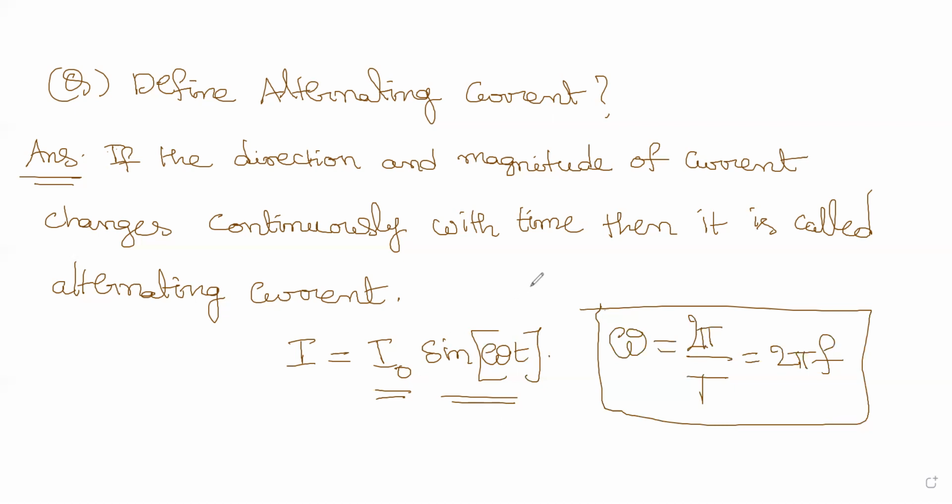So can I clear this? Okay, I can clear, I hope. So we write the equation I is equal to I naught sine of omega t.